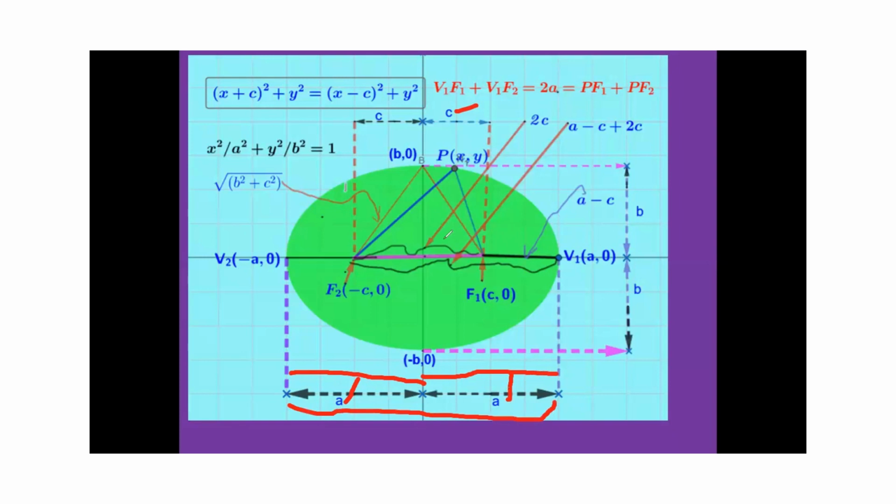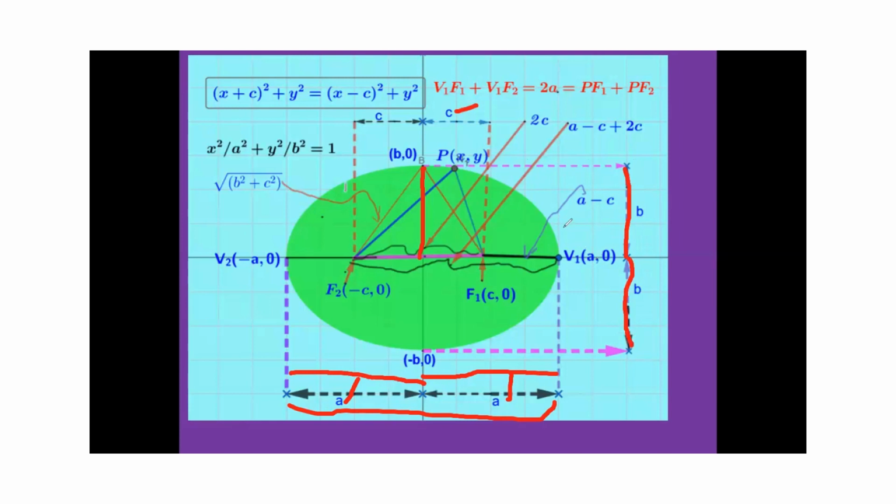Here is the minor axis. The distance from the center to B, which is the semi-minor axis, the length of the semi-minor axis equals B, which is the distance from the center to the extreme end of the semi-minor axis.